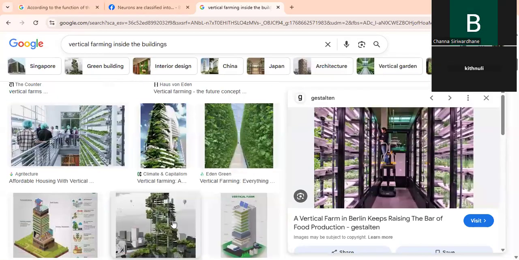And there are special lights which produce the required amount of light to produce the food more efficiently, right?